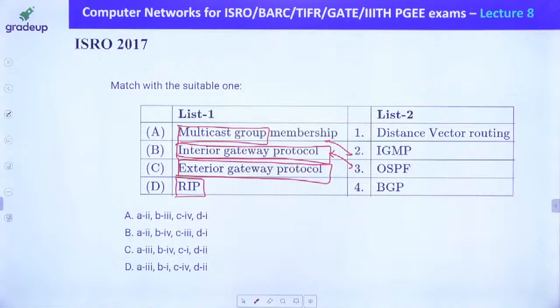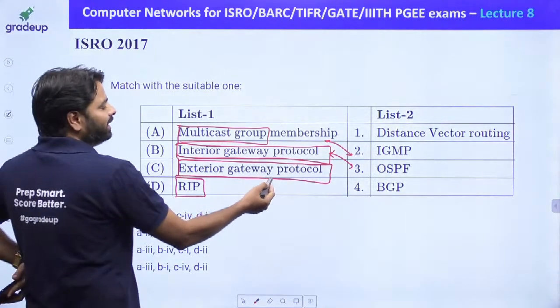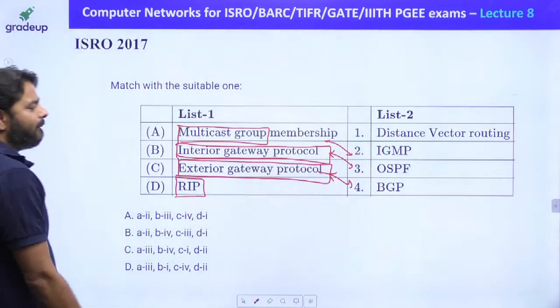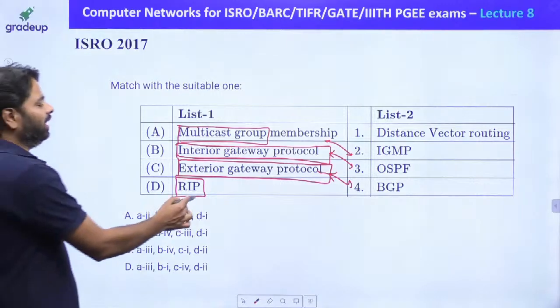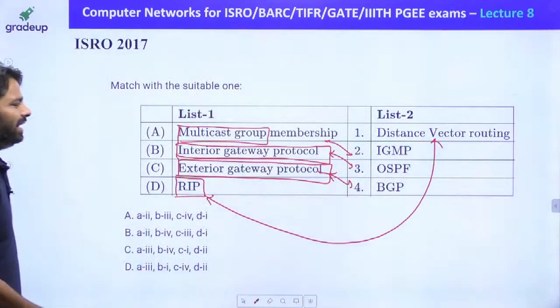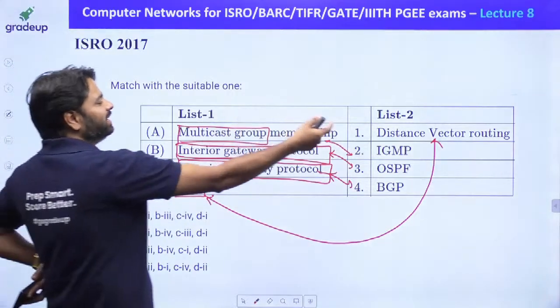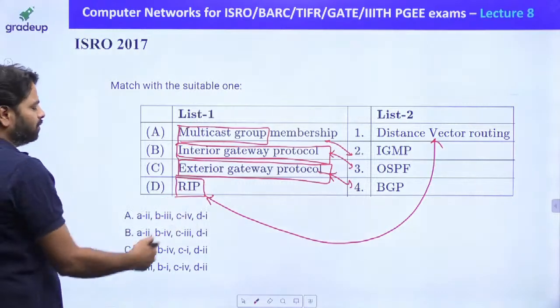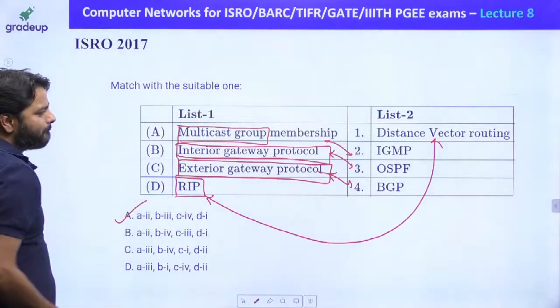OSPF, where you need to choose the path, and the other one, exterior gateway protocol, is for the fourth, correct. And RIP is a famous protocol for distance vector routing. They could have asked RIP on that side and distance vector routing on this side. Anyhow, everything here is protocols and algorithms.